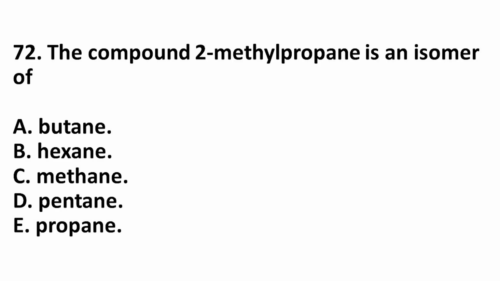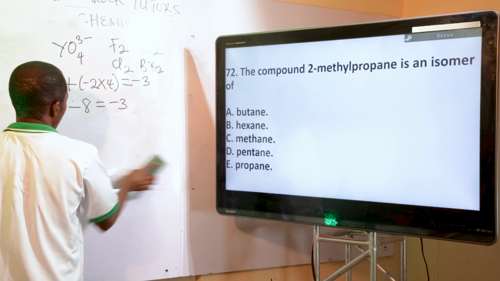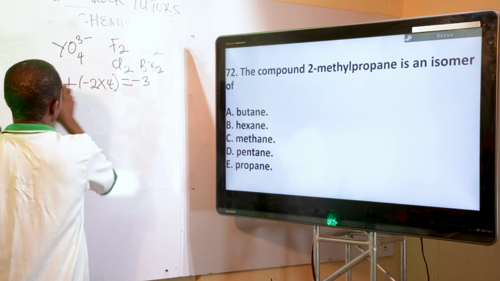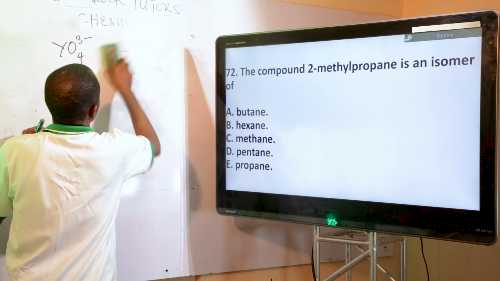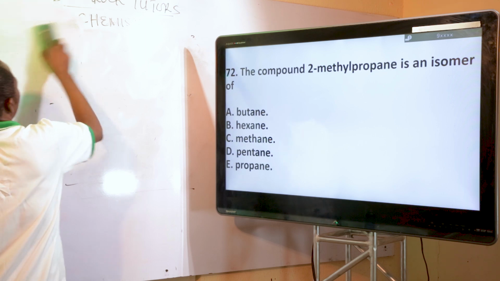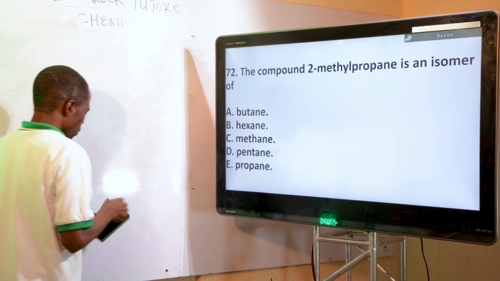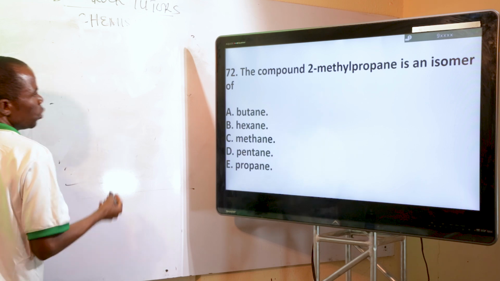The compound 2-methylpropane is an isomer of, now, we know what an isomer is. When we're talking about isomerism, we are talking about the existence of a compound in 2 or more forms. And those forms will have different structural formulas but the same molecular formula.